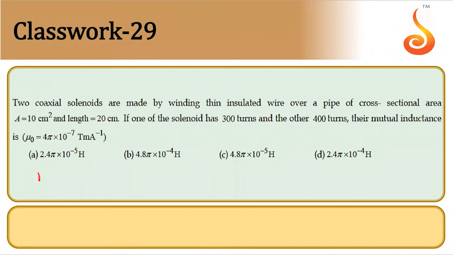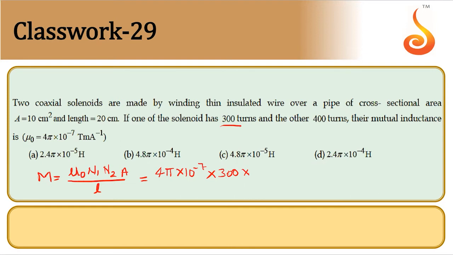So mutual inductance M is given by mu naught N1 N2 into A divided by L. They are coaxial coils, and for coaxial coils, this is the value. So 4 pi into 10 power minus 7. N1 is 300.